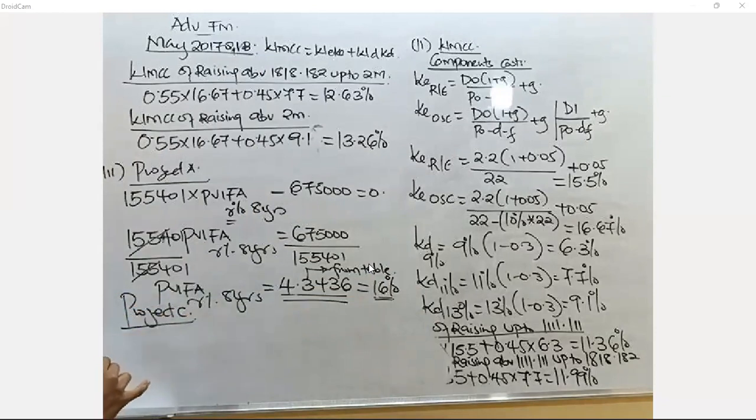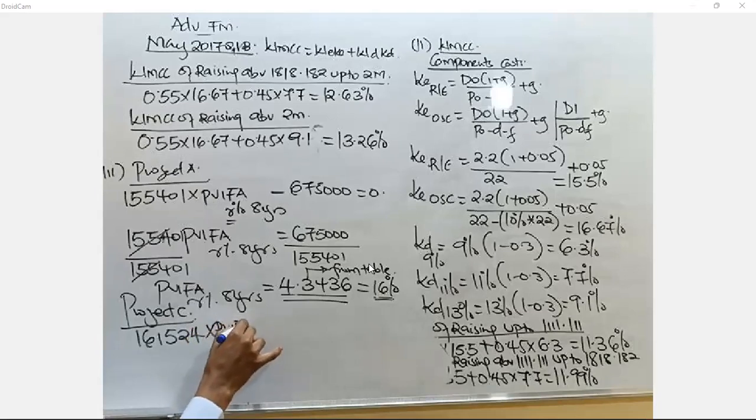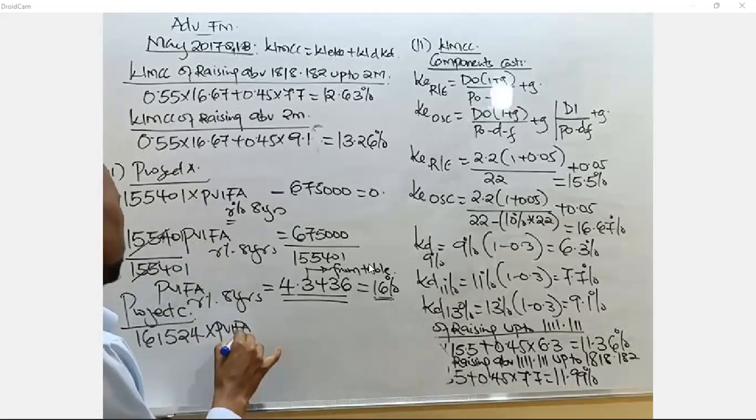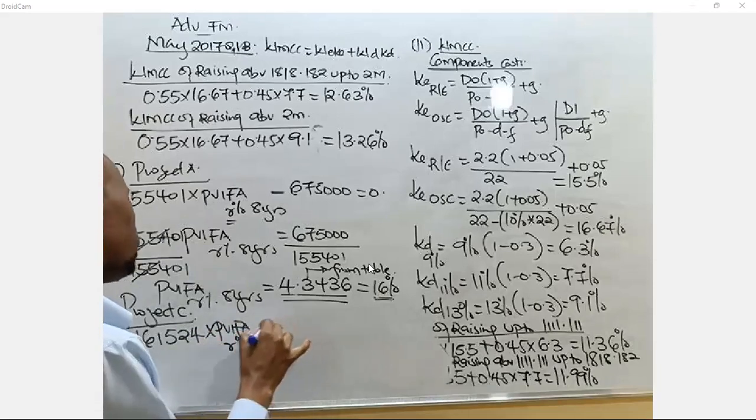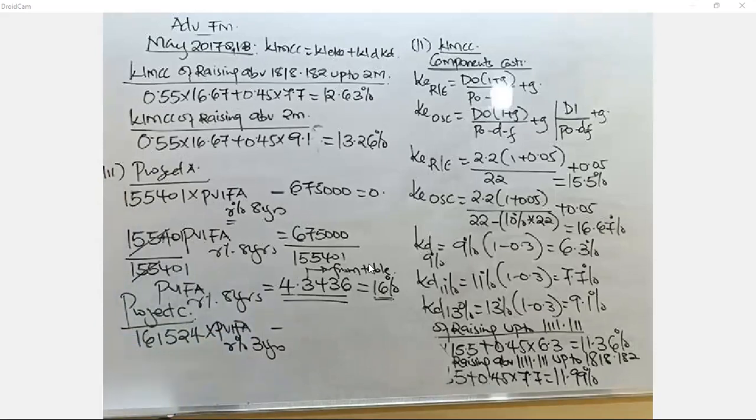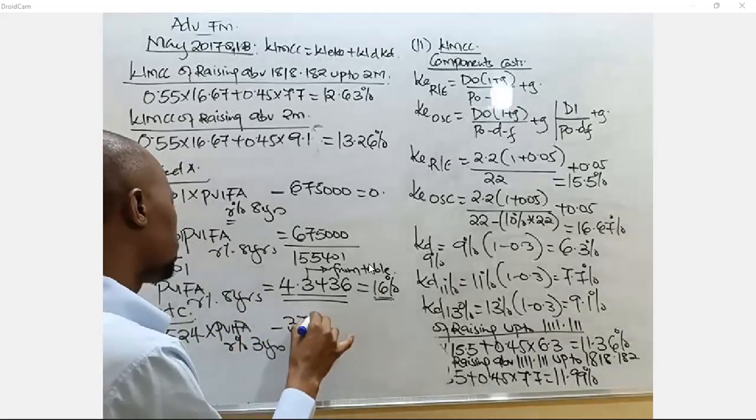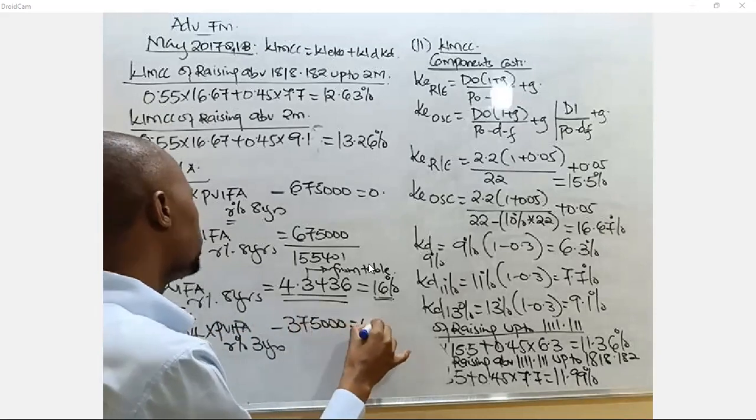Project C. What is our cash inflow? It is 161,524. We multiply by the present value interest factor annuity. The rate which is being provided, we don't have, but the number of years is 3 years. Minus our initial outlay, which is 375,000. This should be equal to 0.